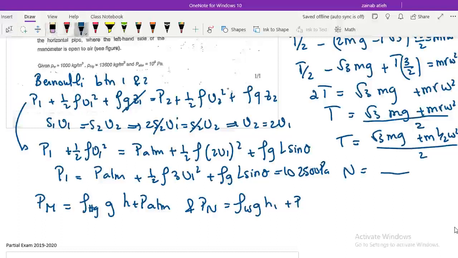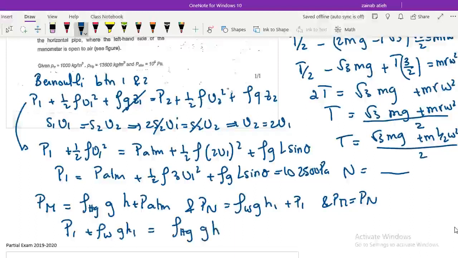the point called 1. So now P1 equals P_M, which is equal to P_N. Equating them, you will find H. So you will get P1 plus rho water G H1 equals rho Hg G times H plus P atmospheric.